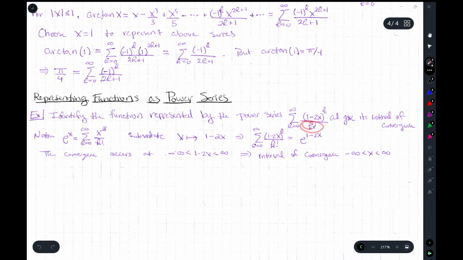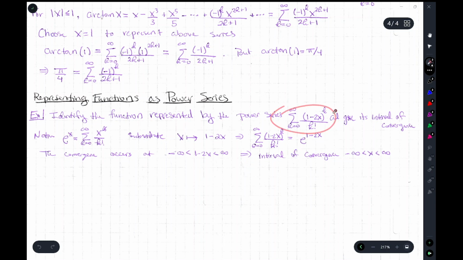Well, we look at that k factorial, and that should give us a hint. We've done the Maclaurin series for e to the x, and these terms don't look too far off from these terms. In fact, if we use composition and substitute 1 minus 2x instead of x, we will get the power series that we see above.